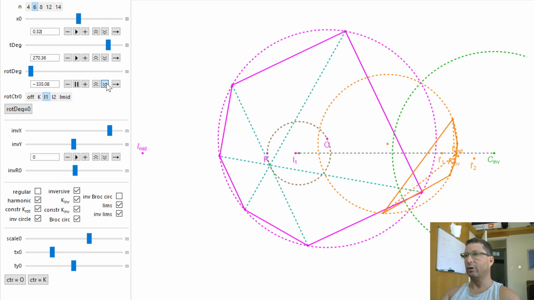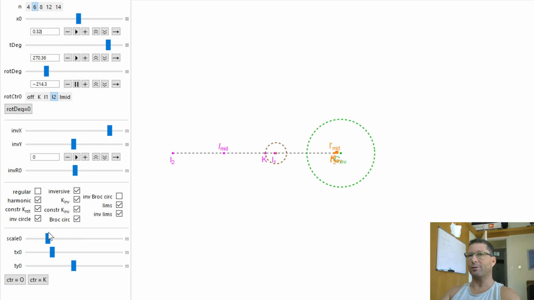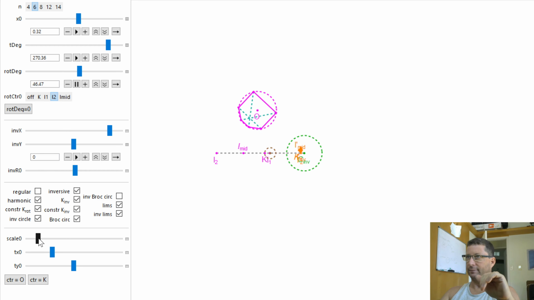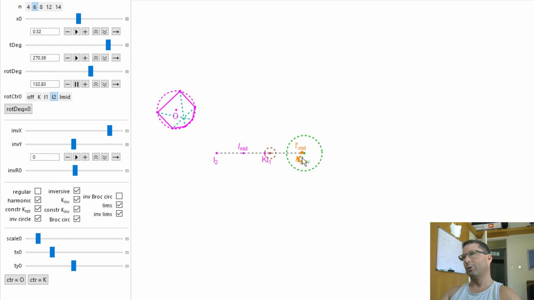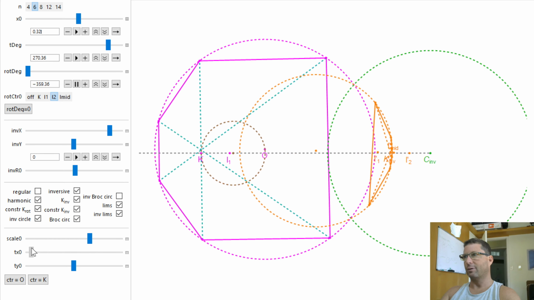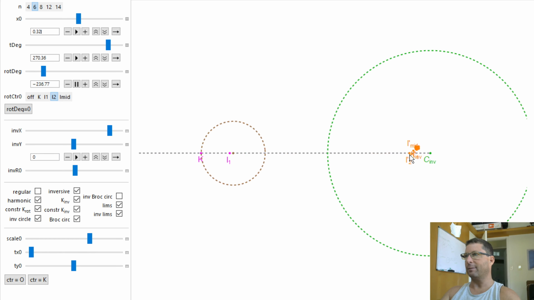What if I rotate about the second limiting point of the magenta family, which is out to the left? So it's a pretty big rotation. Let's scale this out so we can see what's going on. There's a rigid rotation of my magenta family about the second distal limiting point. And let's look at what's happening to the second limiting point of my inversive image. I need to take this to the left. And now you can see that the second limiting point, not the first, is stationary.